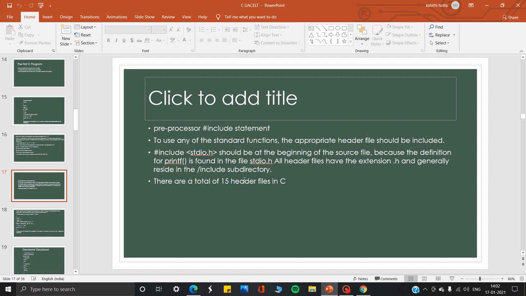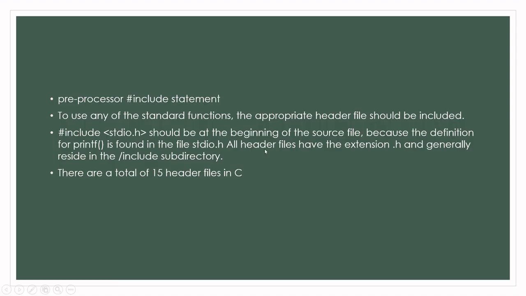There are 15 header files in C, and it includes most of the preprocessor include statements. To use any standard function, you must include its header file. stdio should be at the beginning of the source file, because the definition of printf is found in stdio. So if you want to get output, you must use the preprocessor directive hash include stdio.h.